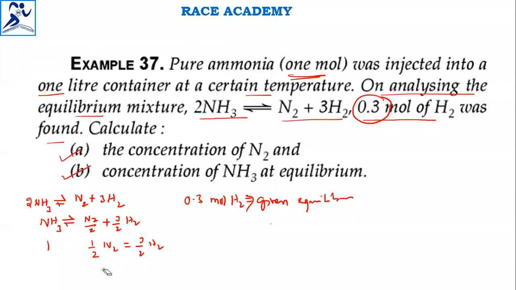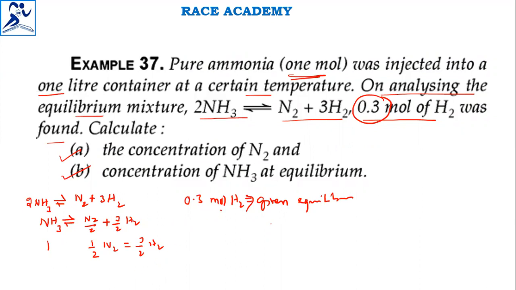From the equation it is 1 by 2, right? 1 by 2 mole of nitrogen is coming at the same time as 3 by 2 moles of hydrogen. That means 0.3 mole of hydrogen is coming from how many moles of N2?